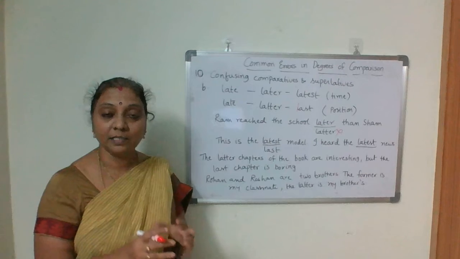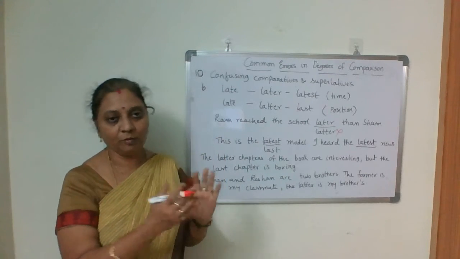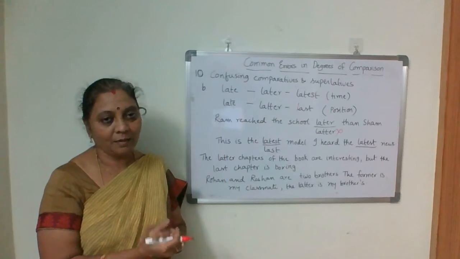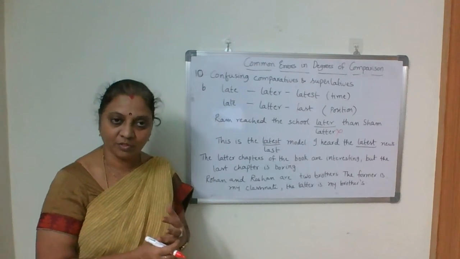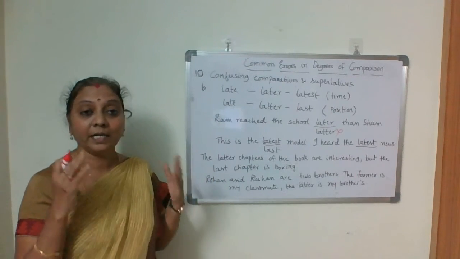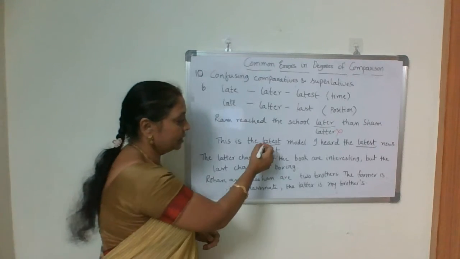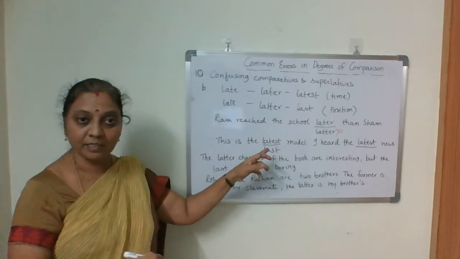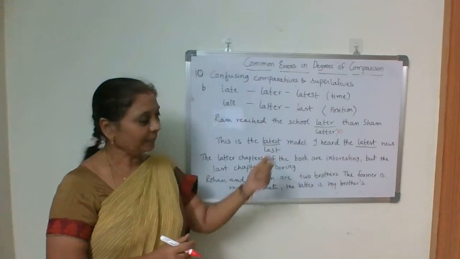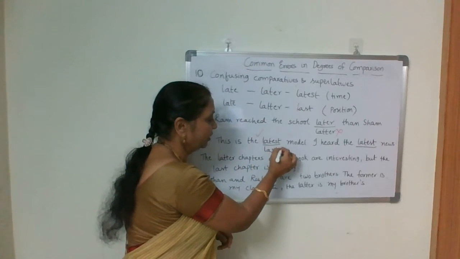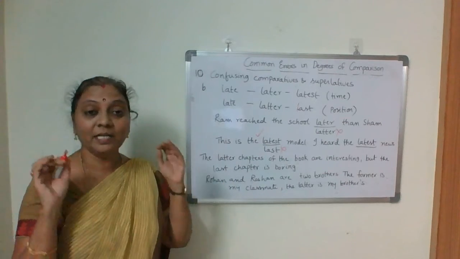And this is the latest model, the mobile phone or car or tab or whatever it may be. This is the latest model. It has all features. We use the word latest, isn't it? It's the latest model. Okay, in such cases, we have to use latest, not last. It is the last model, you should not use. Okay. So latest model is correct, not last. I heard the latest news.